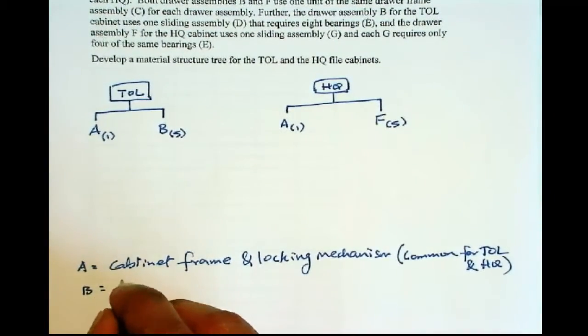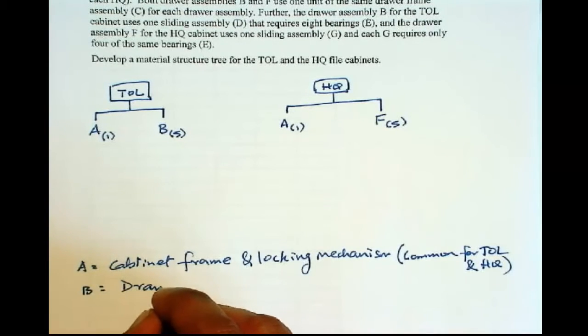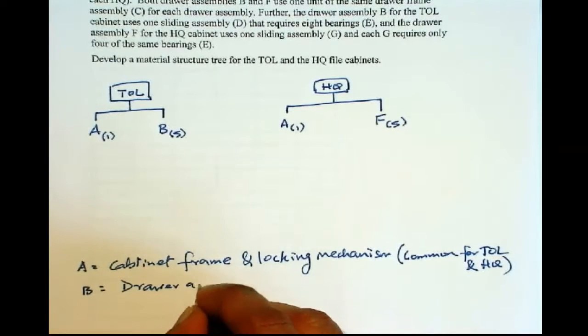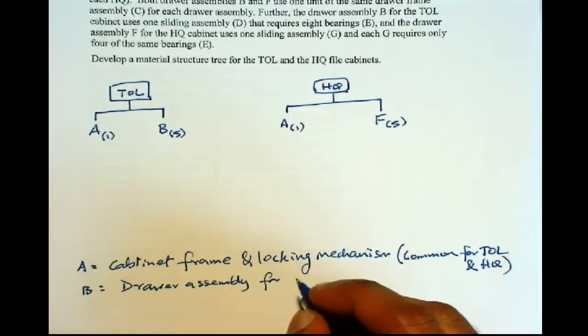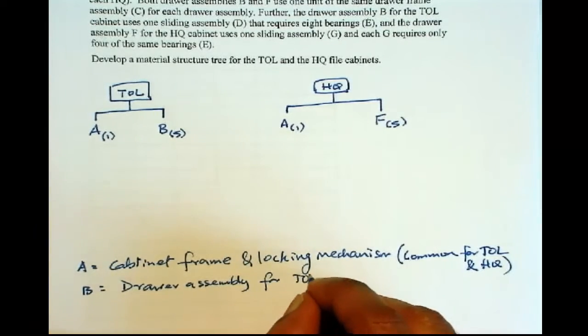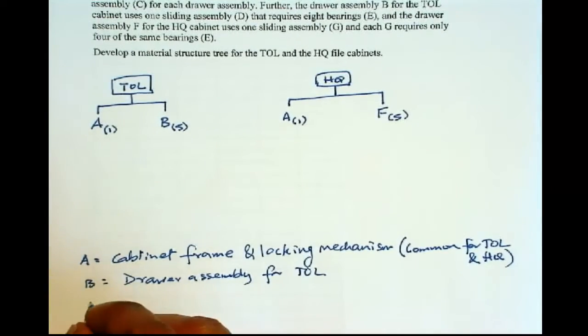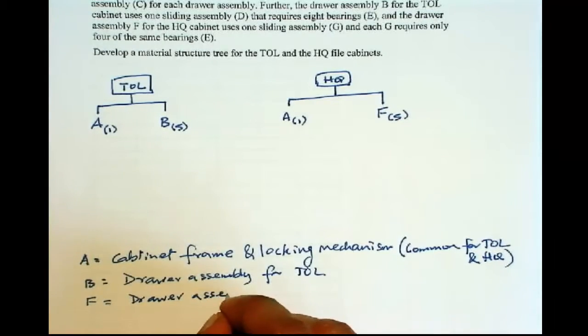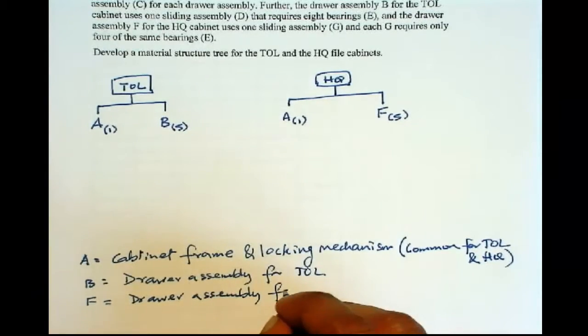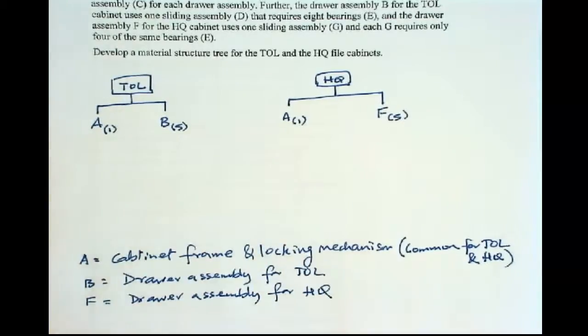B is the drawer assembly for TOL, and F is the drawer assembly for HQ.